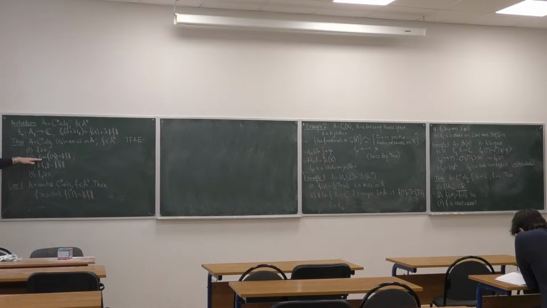Well, indeed, we just let E lambda equal 1 for all lambda, and we see that condition 2 becomes this one. So this is equivalent to the positivity of f.